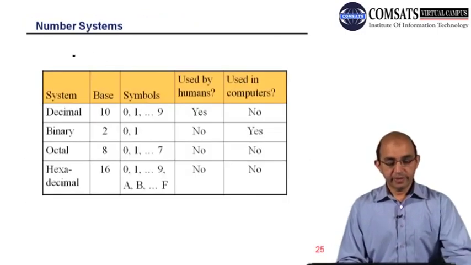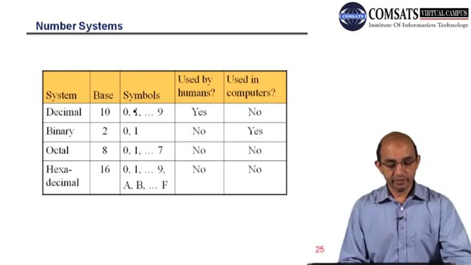And these are different number systems, their bases, symbols, and their utilization. Decimal number system is base 10, with 10 symbols starting from 0 to 9. Used by humans, yes. Used in computers, no. Binary is base 2, with symbols 0 and 1.